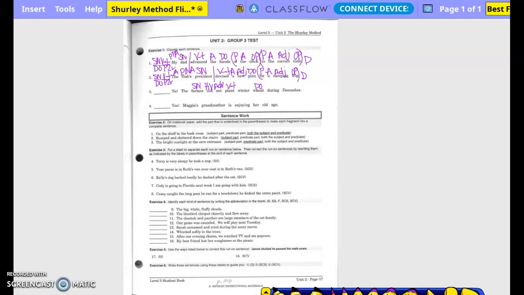What kind of wheat? During what? The. And no is a what? Interjection. So the pattern: subject, noun, verb, transitive, direct object, pattern to check.